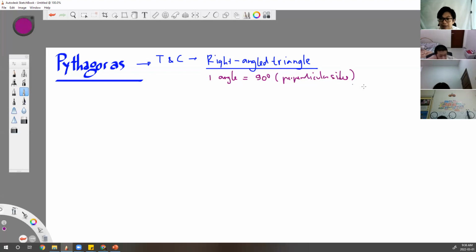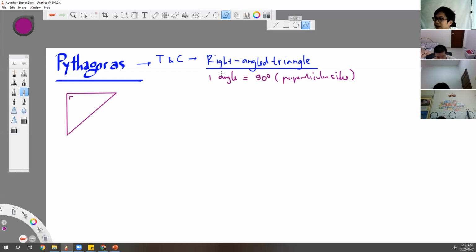Perpendicular means it forms 90 degrees. So how do we draw a right angle triangle? It is quite simple. Make sure that one angle is 90 degrees. For example, like this. Okay, this is 90 degrees.